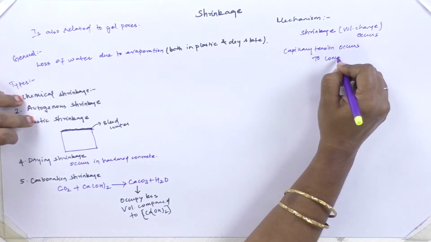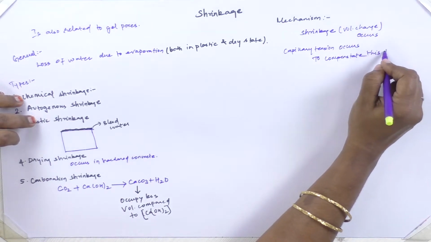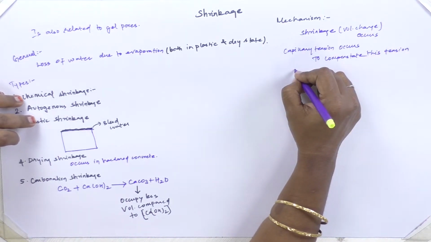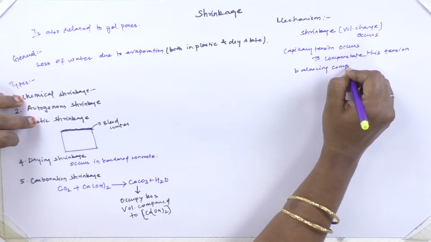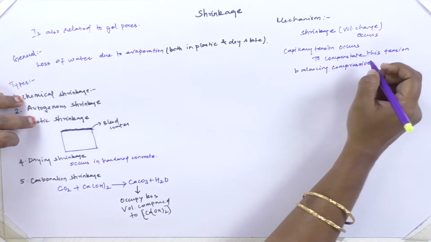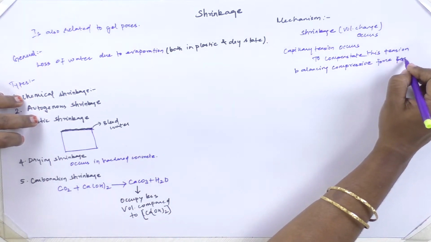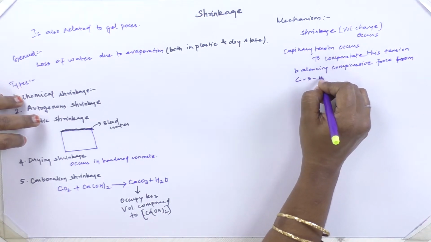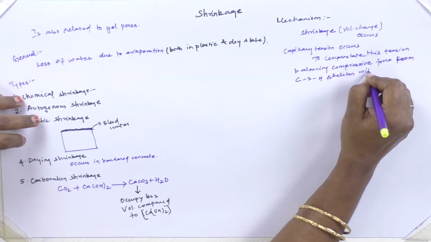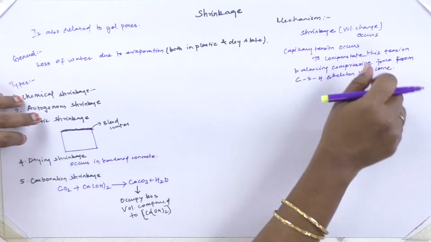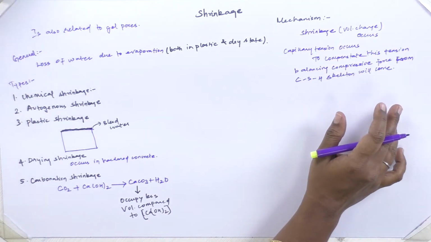To compensate this tension, a balancing compressive force from the CSH skeleton will come, and because of this a volume change will occur, and that is termed as shrinkage.